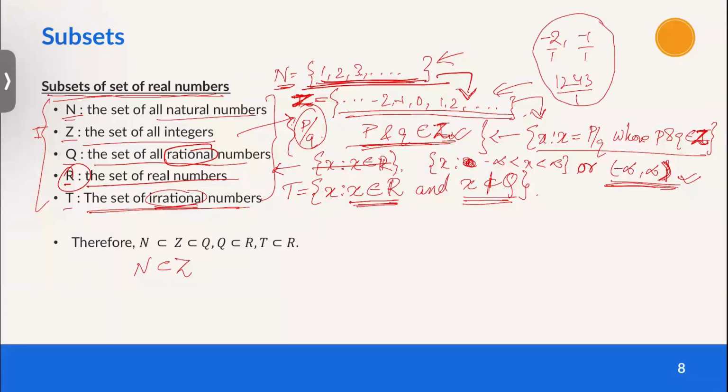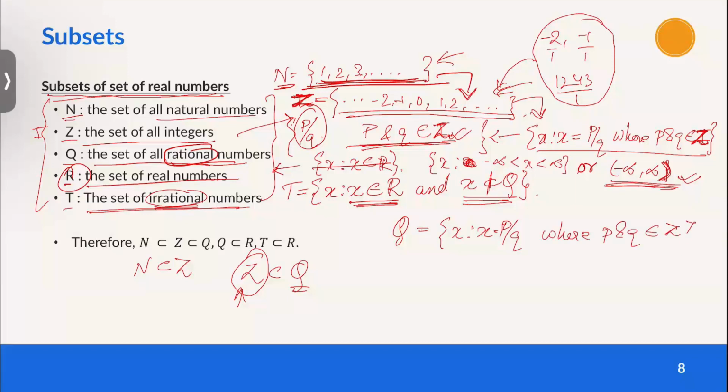So all the numbers in the set Z, the integers, are also rational numbers. So Z is a subset of Q. Now Q contains all numbers which can be written as p by q, where p and q belong to the integers, right?